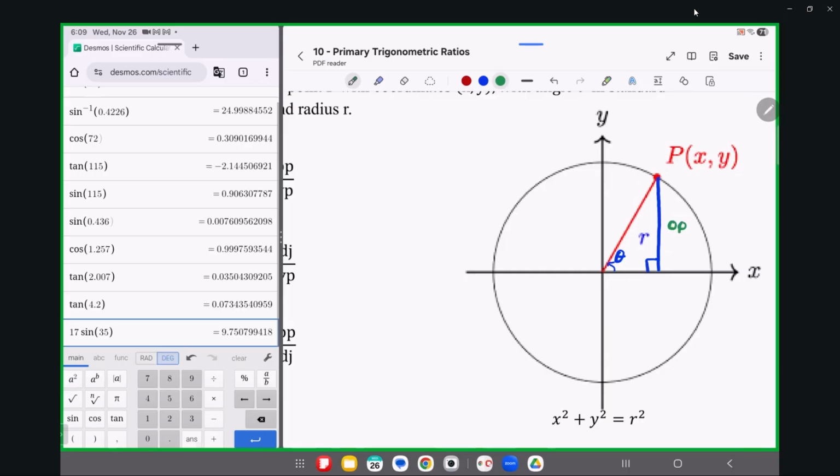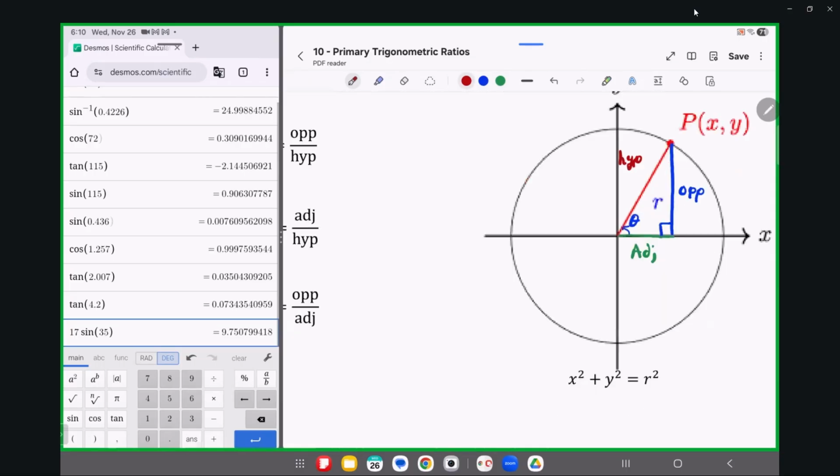Based on this angle of theta, we know that the height of this triangle is going to be the opposite. Perhaps I'll label this in blue for us. This is going to be the opposite. The adjacent will be the horizontal component. And the hypotenuse is opposite the right angle.